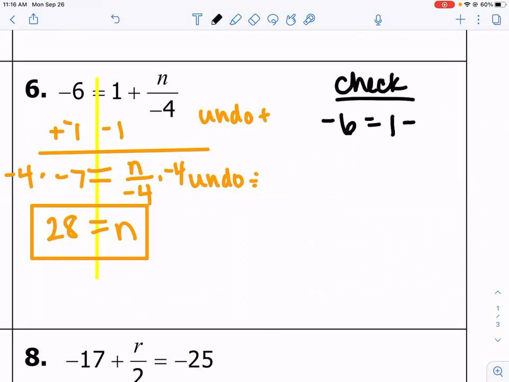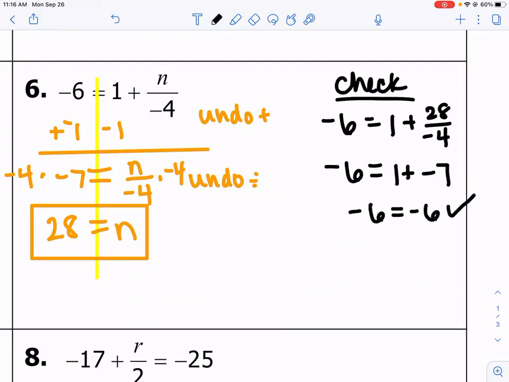Negative 6 equals 1 plus 28 divided by negative 4. 28 divided by negative 4 is negative 7. 1 plus a negative 7 is negative 6. We are good.